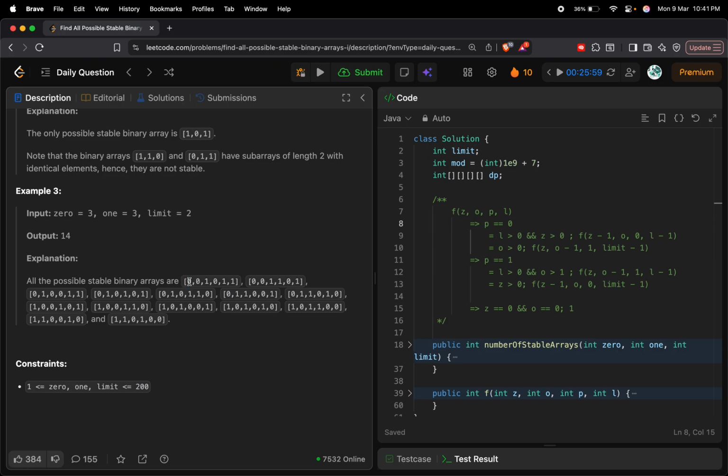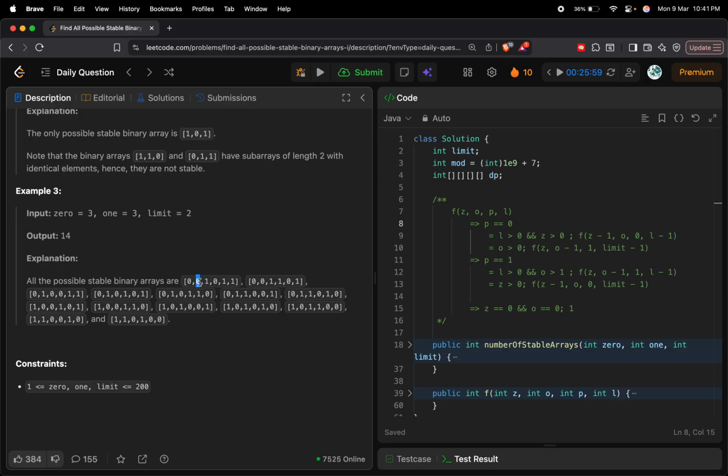So I have 0 in the first position, and I have two options. Let's say I've gone with 0. Since I've utilized one 0, I can have at most one more 0 next to it, because the limit is 2, out of which 1 I have already used. Now again I have an option.